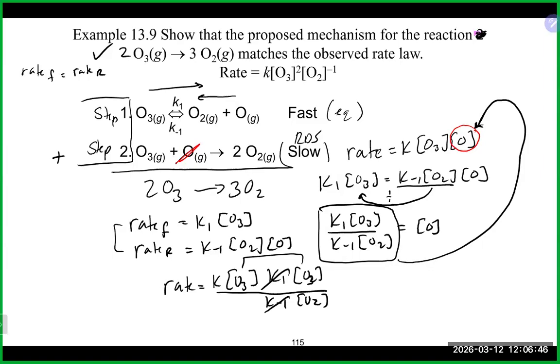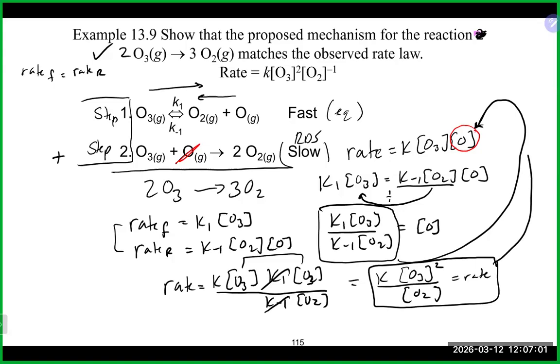These are both O3, which means we will end up with k O3 squared divided by O2 as our rate law. Now we can compare it to the one found experimentally, and do they match? They do match. Remember, something to the minus 1 is 1 over it, and that's why it's on the bottom. So they do match, and that means it is a good mechanism in this particular case. Any questions on that?